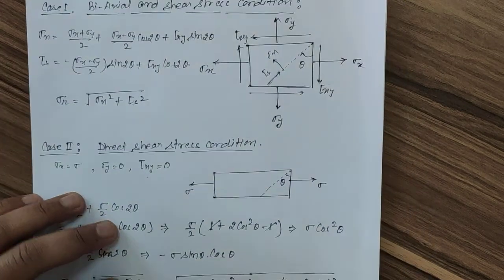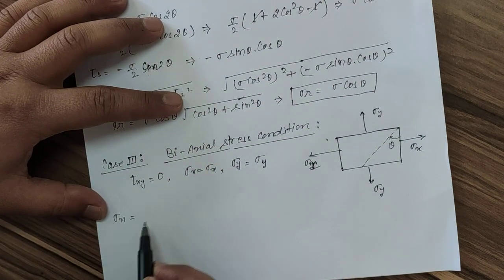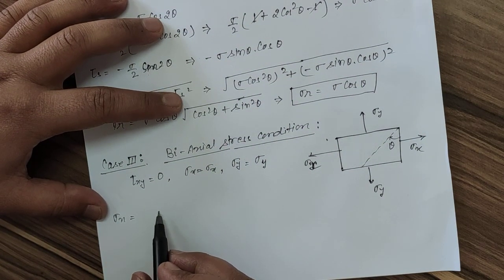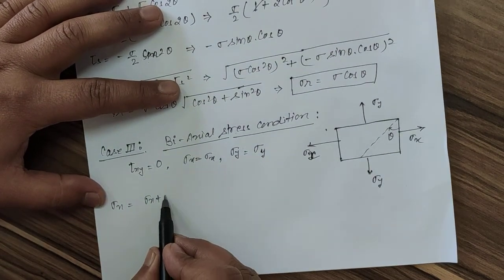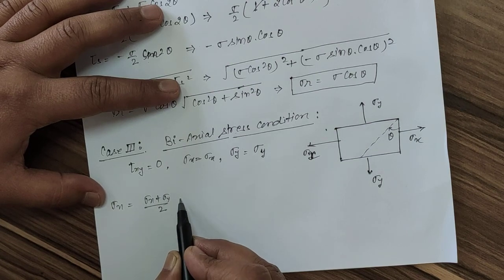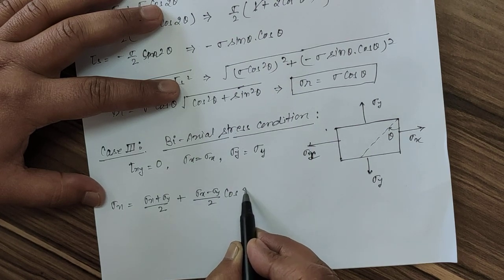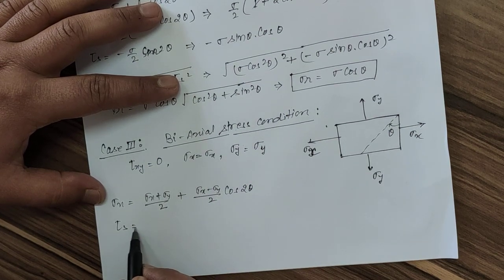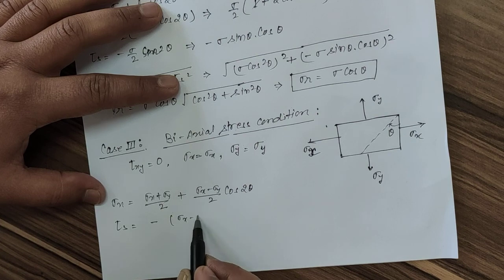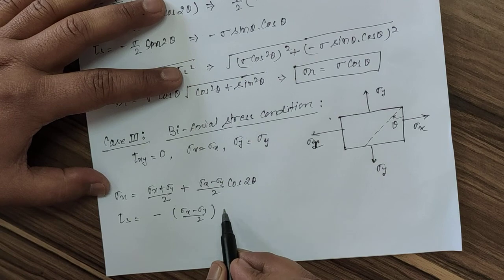So putting these values in the generalized equation, we can calculate the normal stress on that plane, and that normal stress will be equal to sigma x plus sigma y by 2, plus sigma x minus sigma y by 2 cos 2 theta, with tau xy taken as 0. Then tau s we will have as minus sigma x minus sigma y by 2 sin 2 theta.